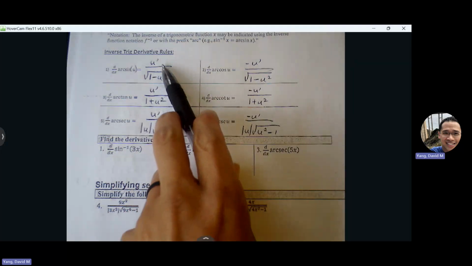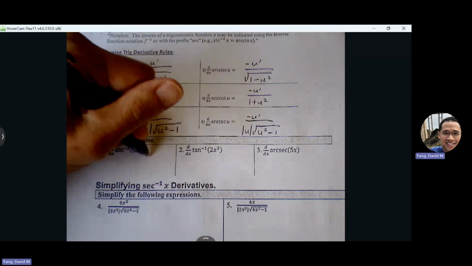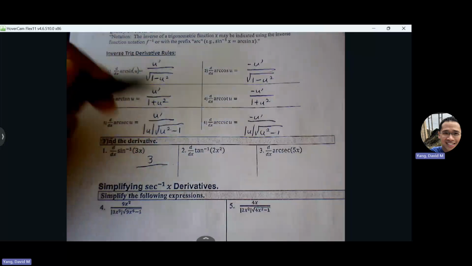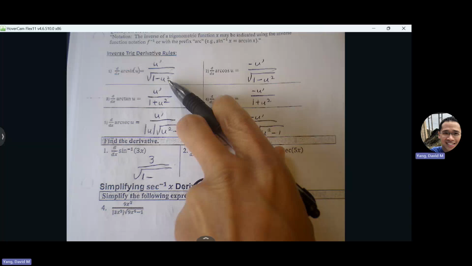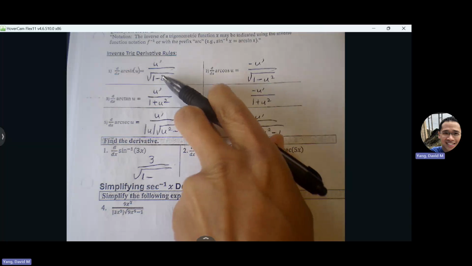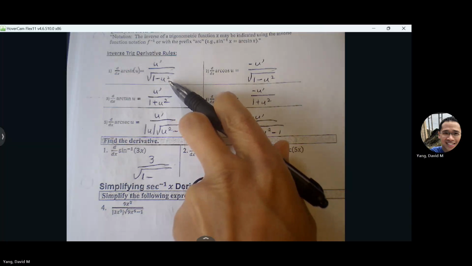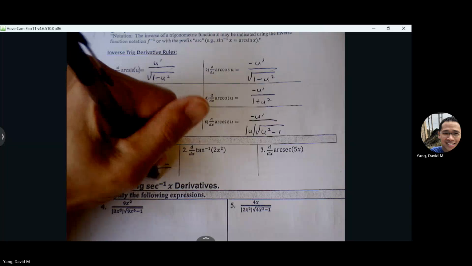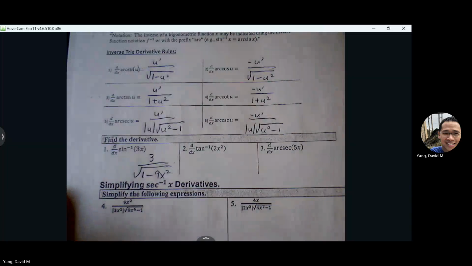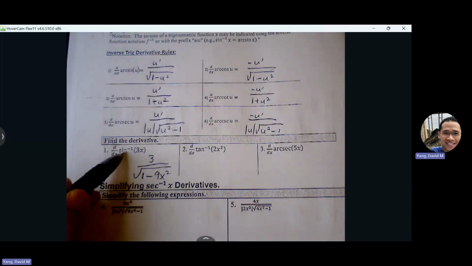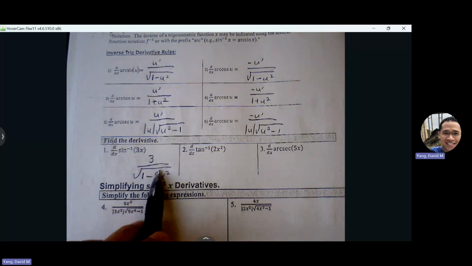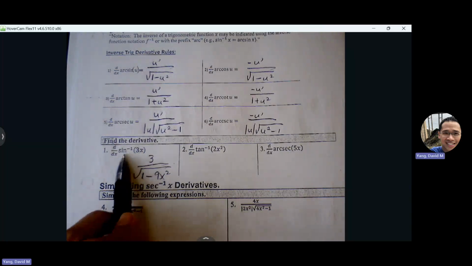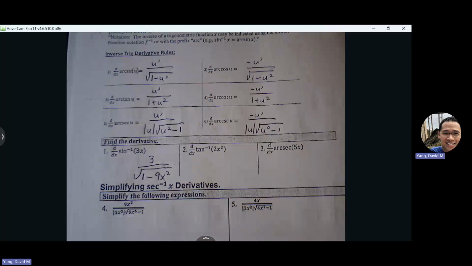So what's our u prime going to be? Just 3. So 3 over the square root of 1 minus the quantity 3x squared, which I can reduce to 9x squared. Whatever this graph looks like, this is going to describe the slope pattern of the original graph.